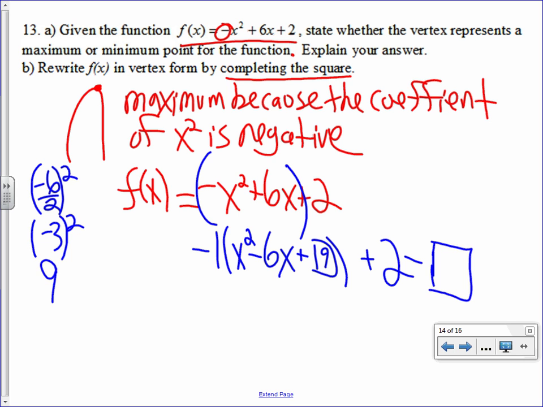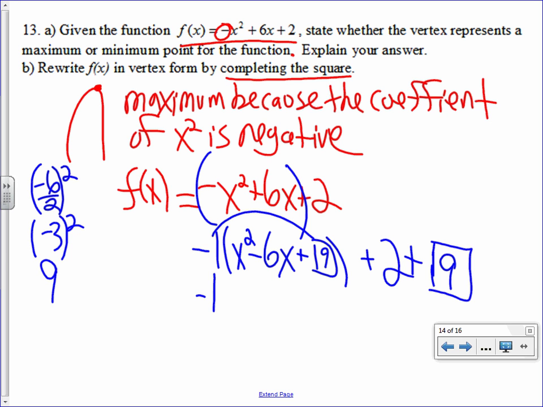So technically, this is negative 9, which means I'm going to have to add 9. So you got to be really careful when you factor this negative 1 out, because technically, this is negative 1 times positive 9, which is negative 9. So to make the negative 9 negate, I'd have to add 9.